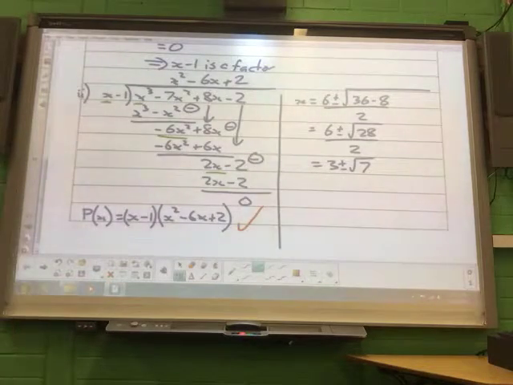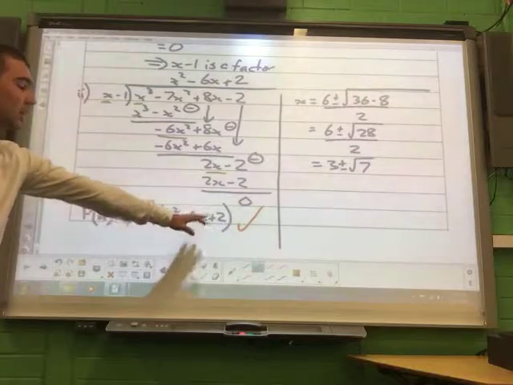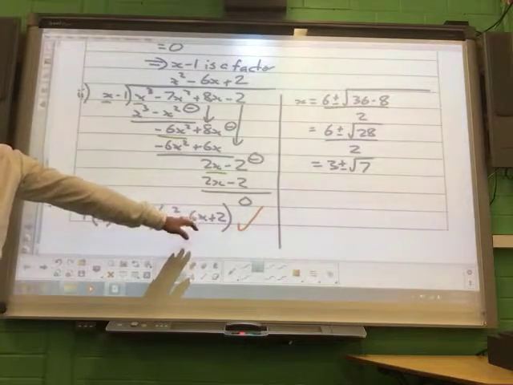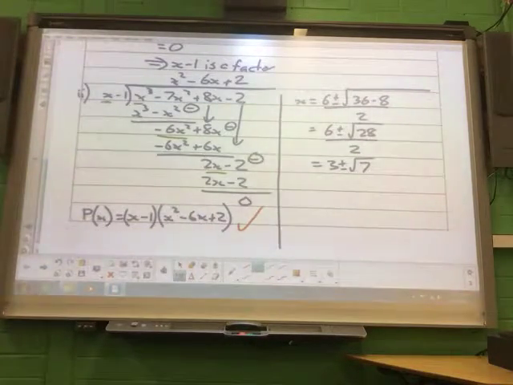Obviously you can tell I'm a bit rusty from my weekend adventure. Alright, so we need to identify whether we can factorise this. If we can't factorise this, then that is in its full factored form.